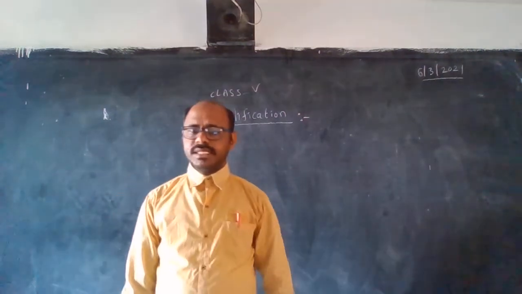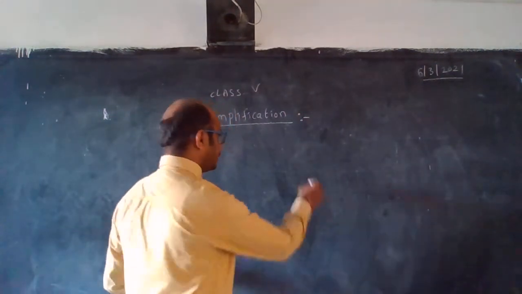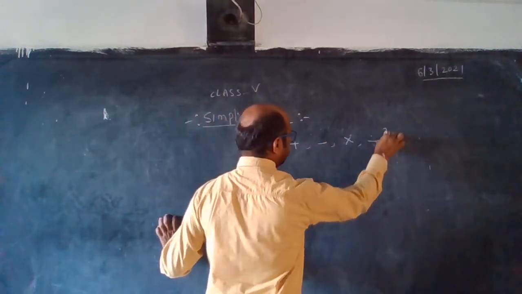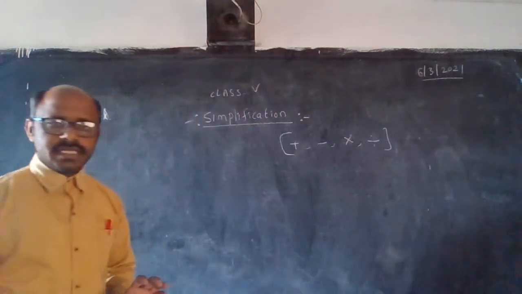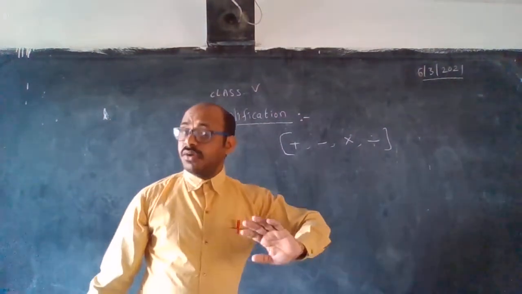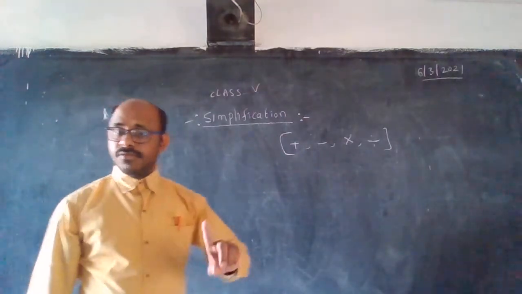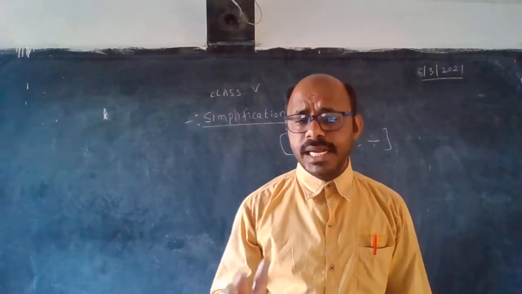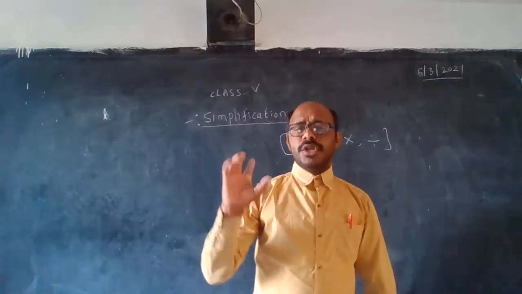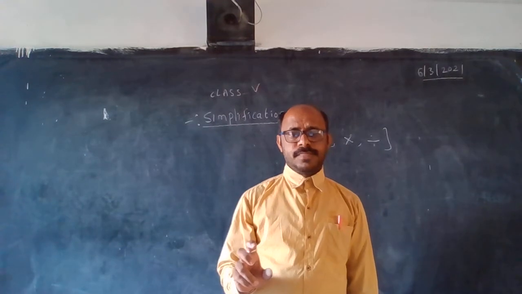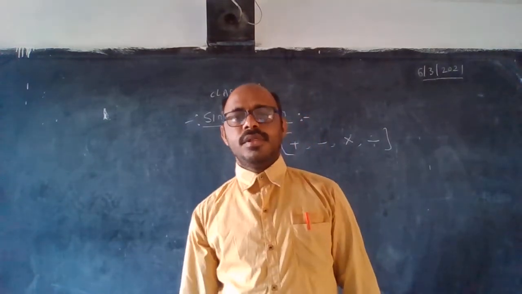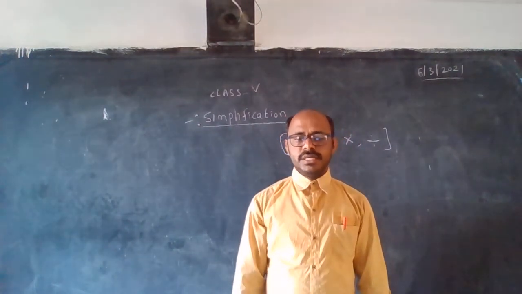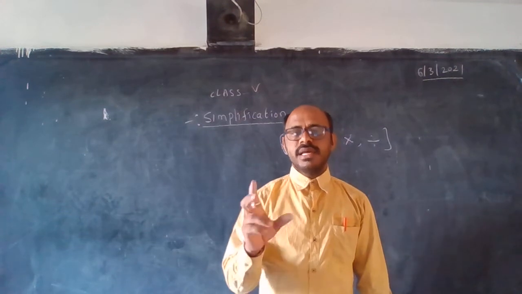All 4 operation symbols. What are the 4 operation symbols? Addition, subtraction, multiplication and division. These are the 4 operation symbols. If one question has all the operation symbols in between the numerical numbers, how do we solve the question, the given sum?